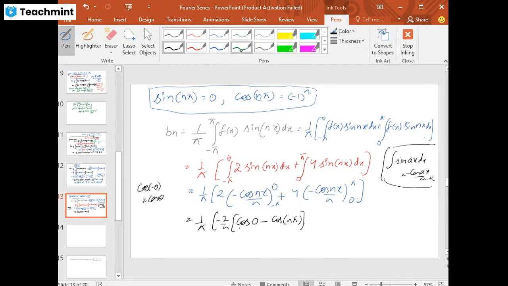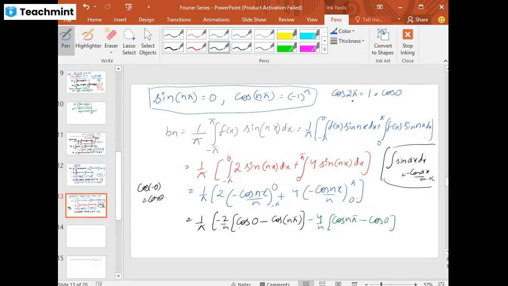And the other integral part is minus 4 upon n common. On substituting upper limit, this is cos n pi. Lower limit, this is cos 0. Okay. So now, cos of an even multiple of pi, cos 2 pi is 1, same as cos 0, because cos is a periodic function with period 2 pi.